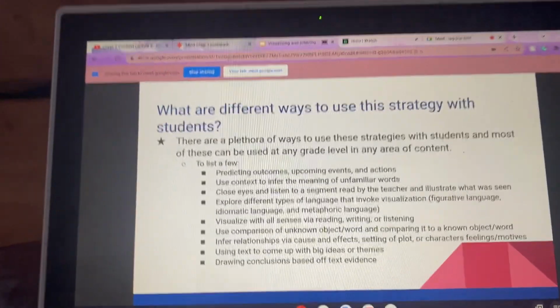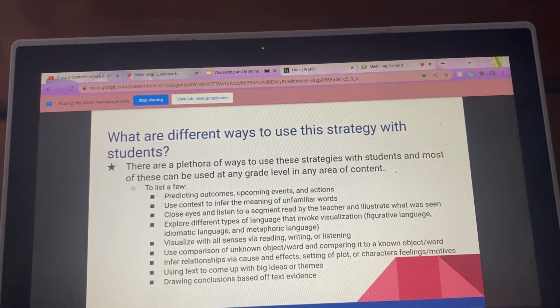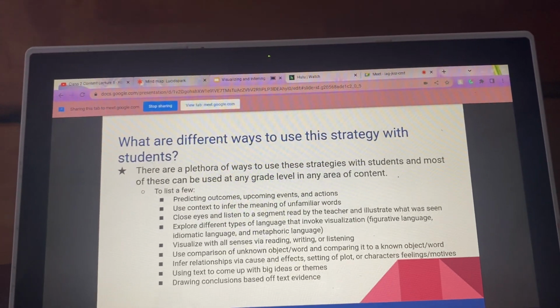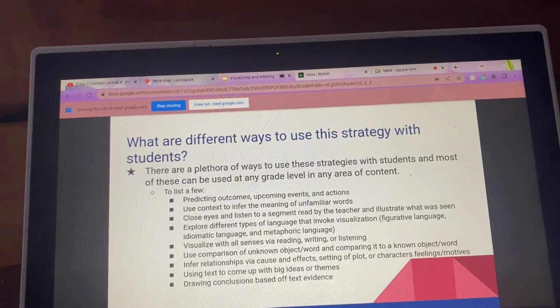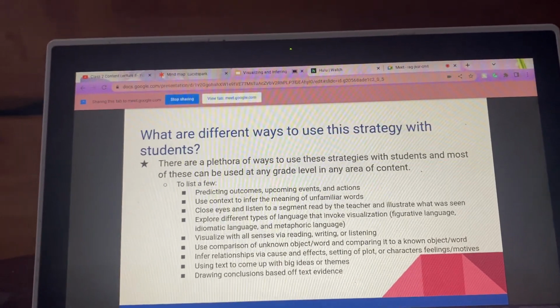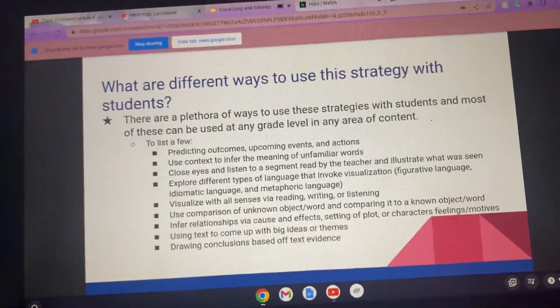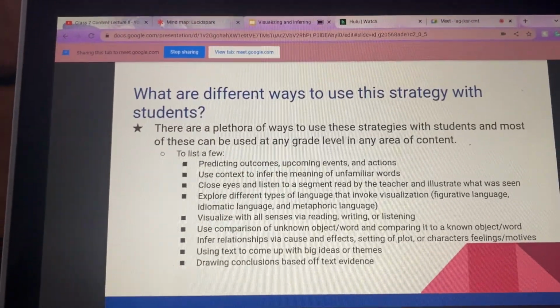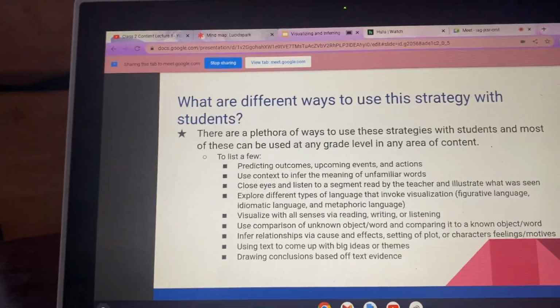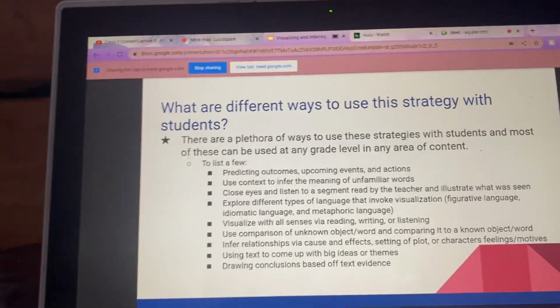One of my favorite ones is just to close your eyes and listen to a segment read by the teacher and illustrate what was seen. I think this is a cool way to show students that they visualize very different things, but it still is related to the content. I'm not going to go through and read all of these, but there are a plethora of ways to use strategies in all grade levels and all content areas.